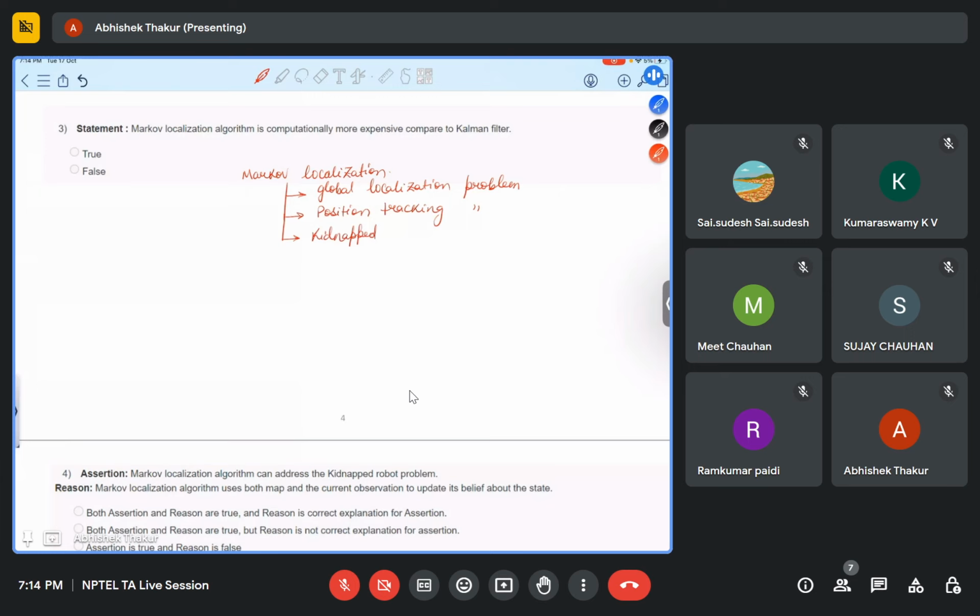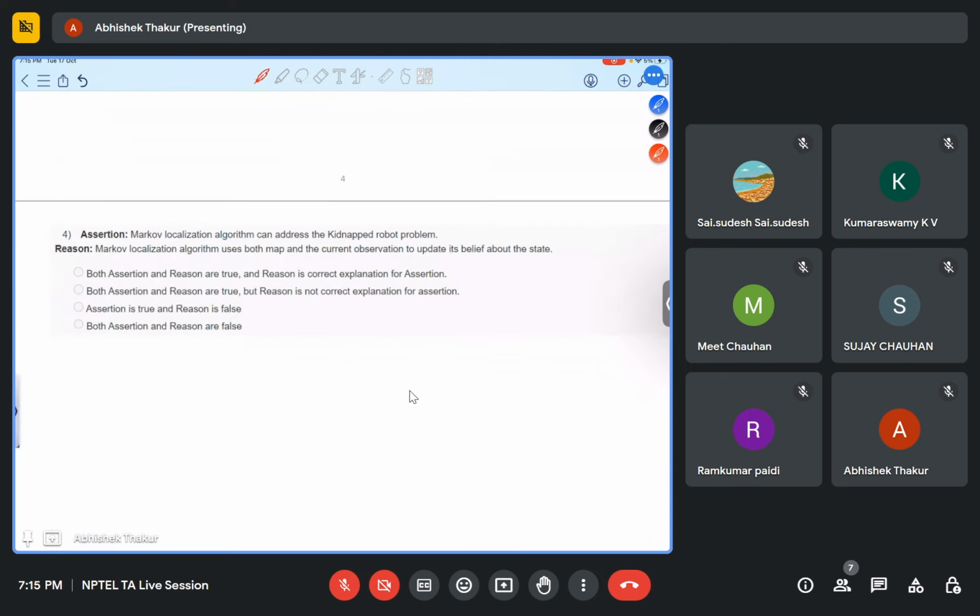So that problem is also solved using the Markov localization algorithm. And this is a little computationally expensive than the simple Kalman filter algorithm. So option A is the correct answer for this question.